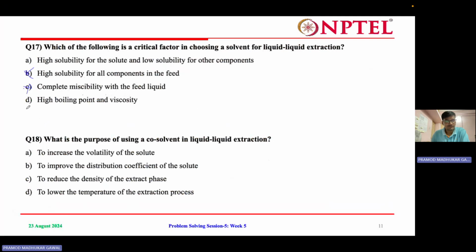High boiling point and viscosity, no. For selection of the solvent, it should have low viscosity and also a low boiling point. So option A is correct.